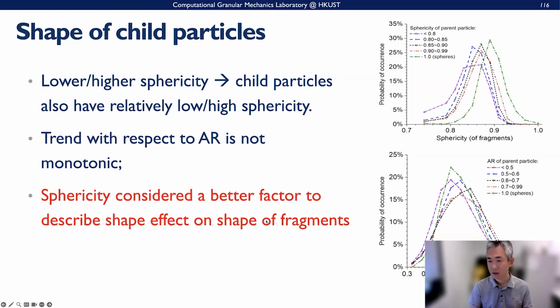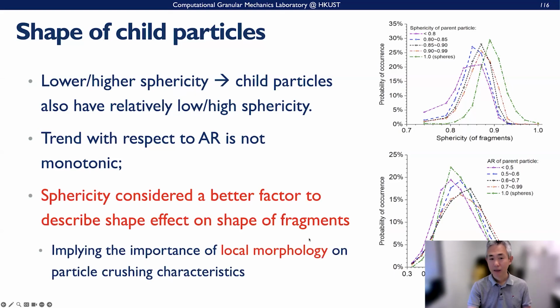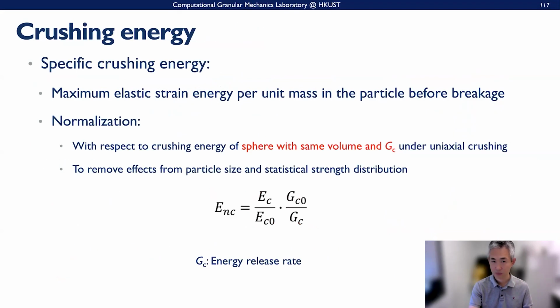In that sense we consider that the sphericity can be used as a better factor to describe the shape effect on the shape of fragmentation. And then the local morphology in particle crushing can be an important characteristic when we consider the modeling here.